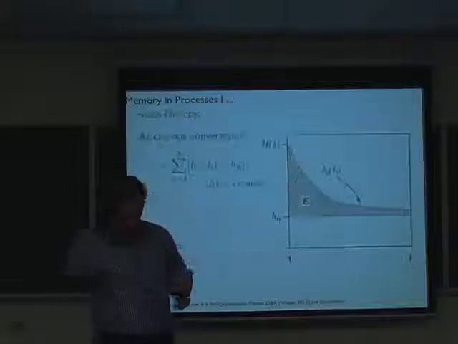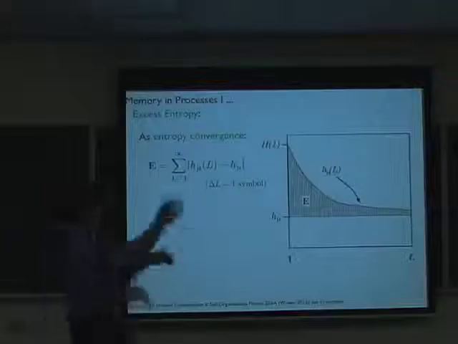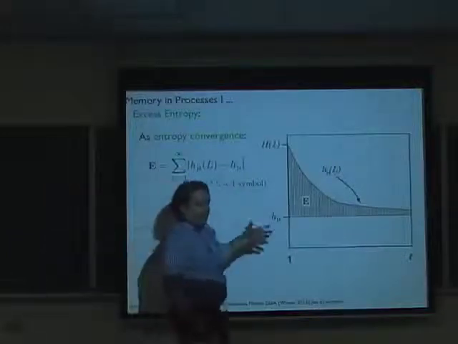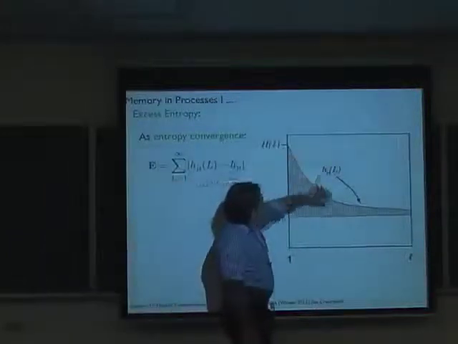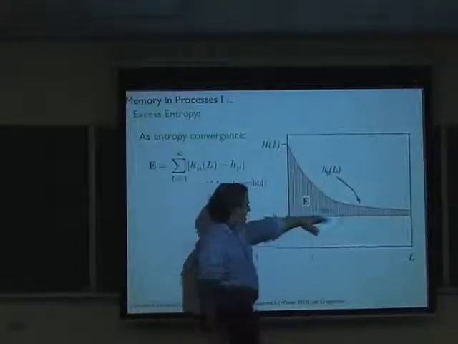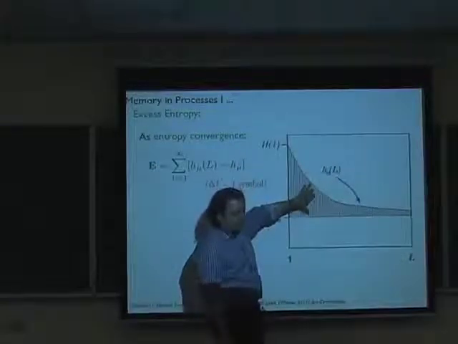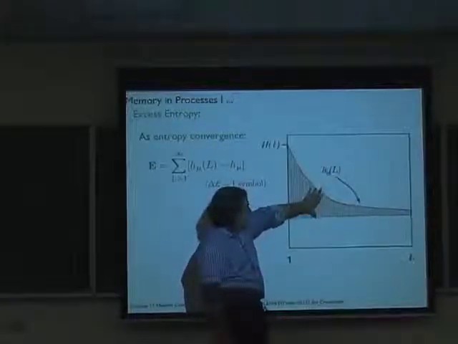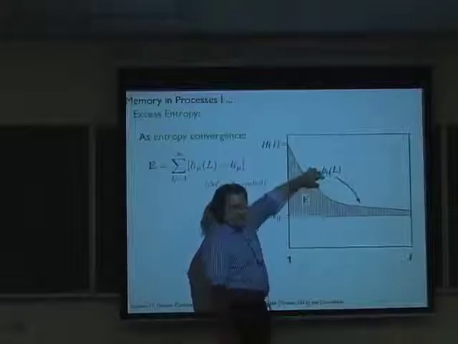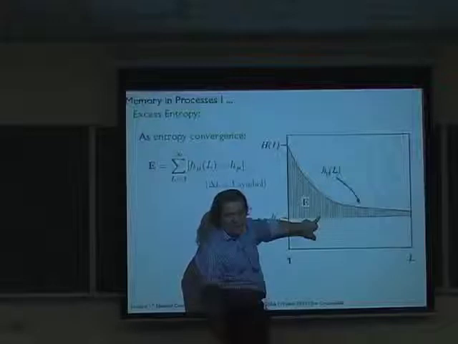Okay, so now probably the most important thing, certainly for today, is let's go back down, and I'm going to apply the same recipe to looking at the entropy convergence, h mu of L convergence, and how it comes down to h mu. So the same recipe is I'm going to sum up the components at each L, sum up the apparent randomness, this overestimate, h mu of L, compared to h mu, the true randomness.